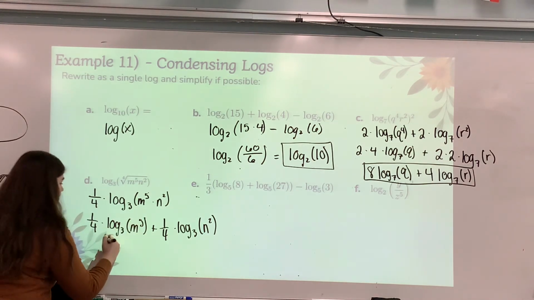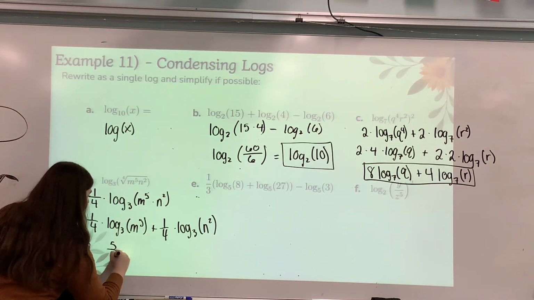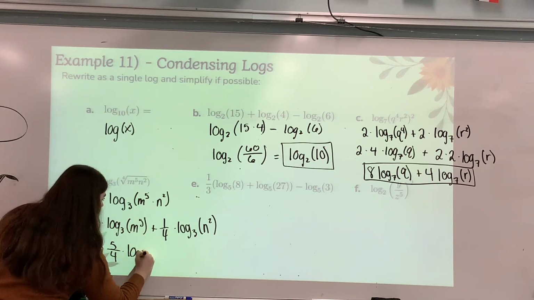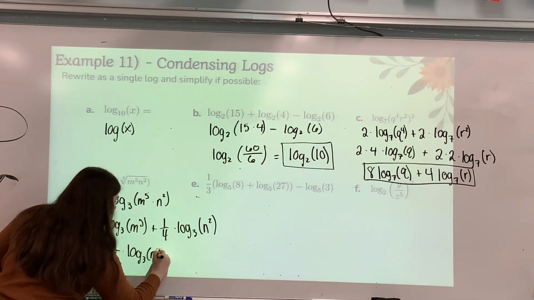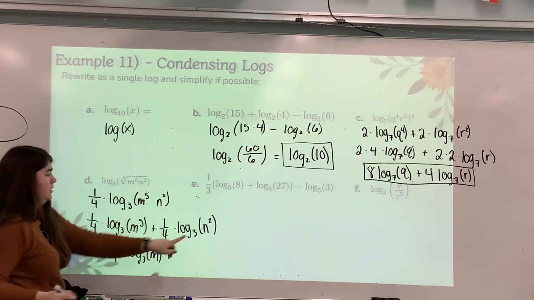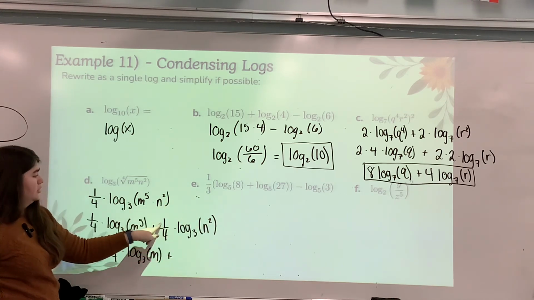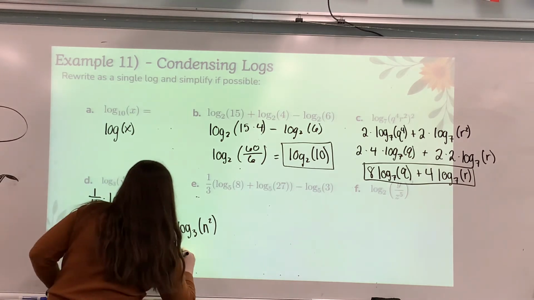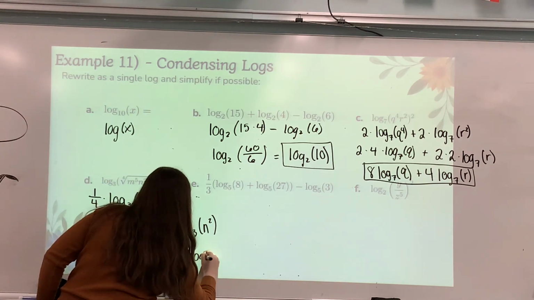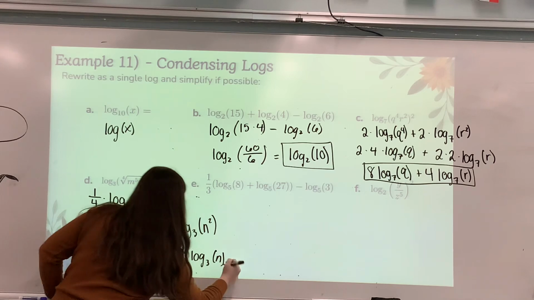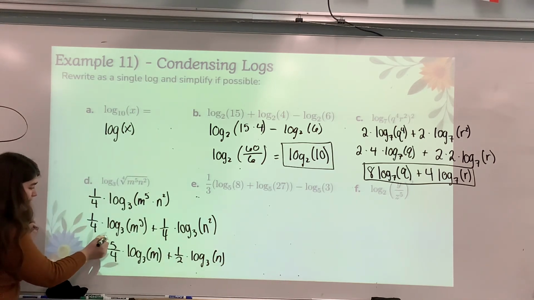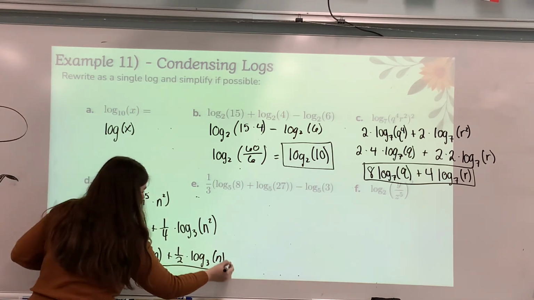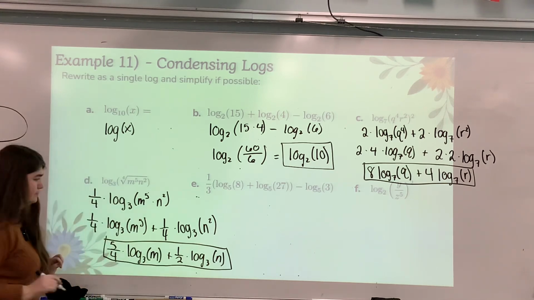So we have 5 times 1/4, which we're just going to leave as 5/4 times log base 3 of m, plus 2 comes out front. 2 times 1/4 is equal to 1/2, so 1/2 times log base 3 of n. And this would be our final simplified form.